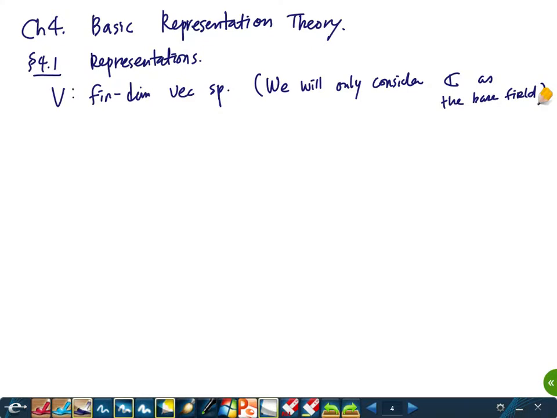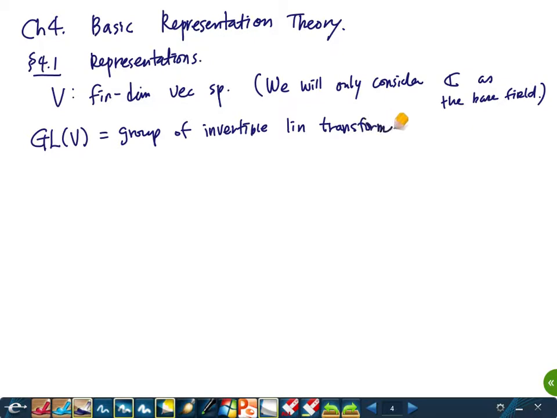Unless otherwise mentioned, it will always be over C, because C is algebraically closed and everything is nicer in C. The general linear group GL(V) is the group of invertible linear maps, linear transformations on V. So it's an invertible linear map from V to V. If you specify a basis, then it will be GL(n, C).